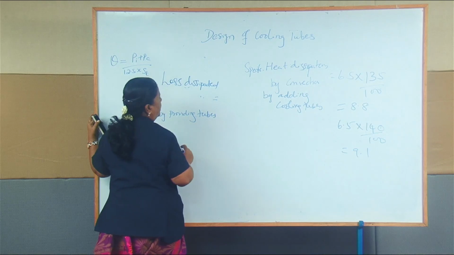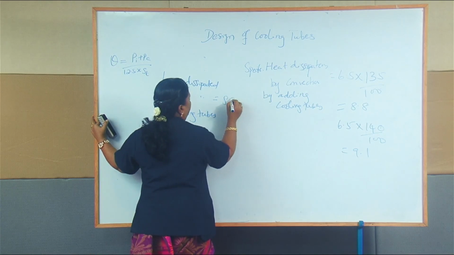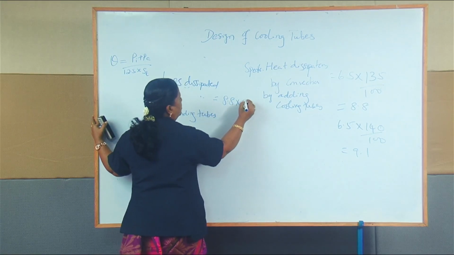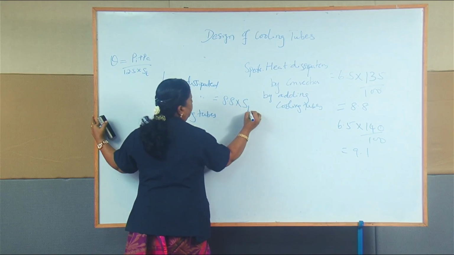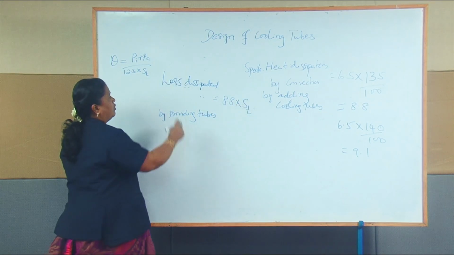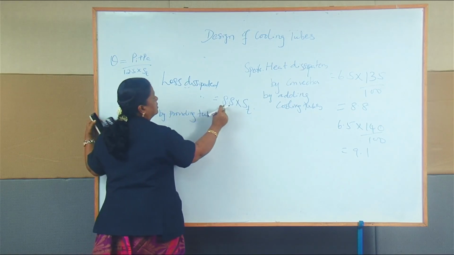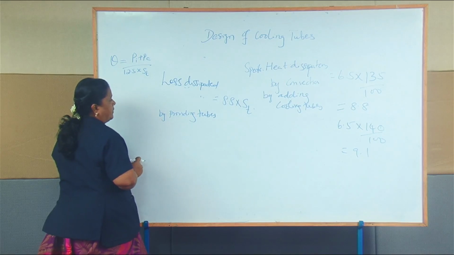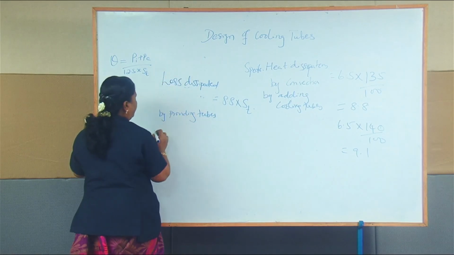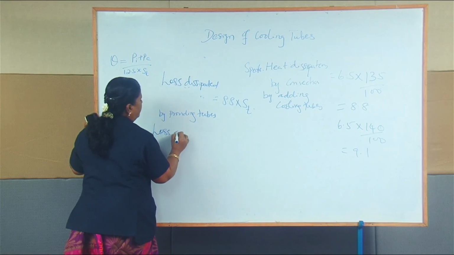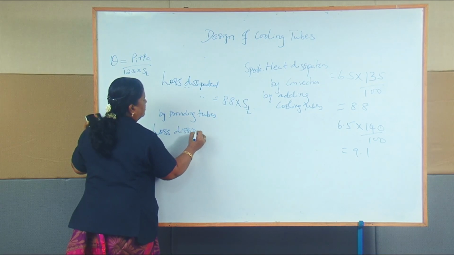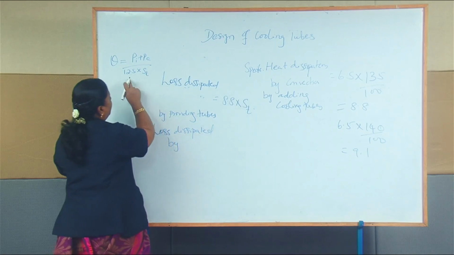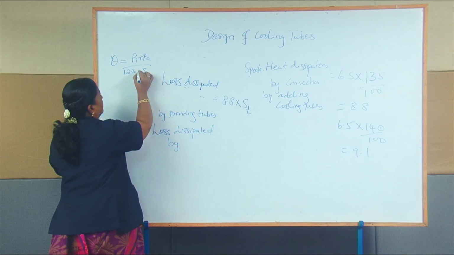By providing tubes means specific heat is 8.8 into area. What is the area of the cooling tubes? It is X into S suffix T. So the loss dissipated by providing tubes is nothing but 8.8 into X into S suffix T. And the loss dissipated by plain wall tank, we have already calculated, right?